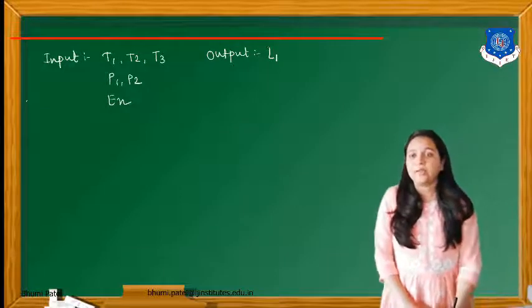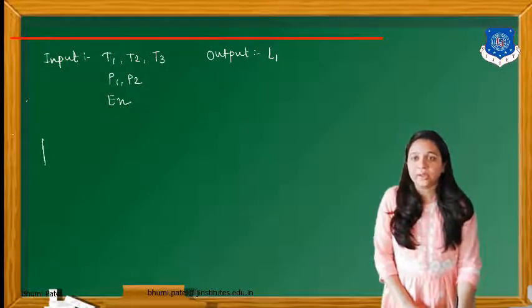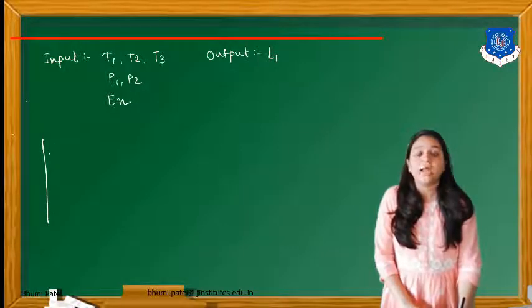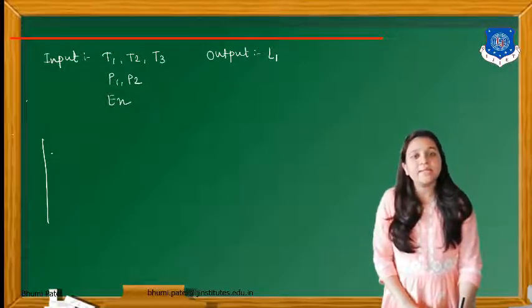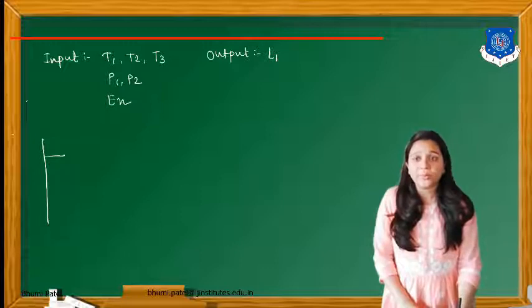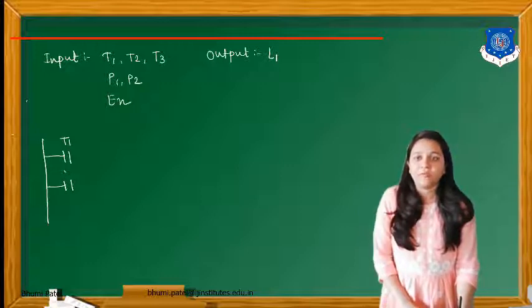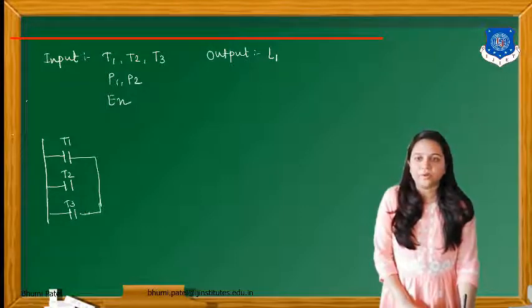Okay. Now the first condition is that any one of the temperature sensors should be on. So starting with the ladder diagram, first of all, for the temperature sensors the condition is any one of the temperature sensors. That means we can put the temperature sensors in parallel connection. If any one of the temperature sensors is on, the lamp should be on.